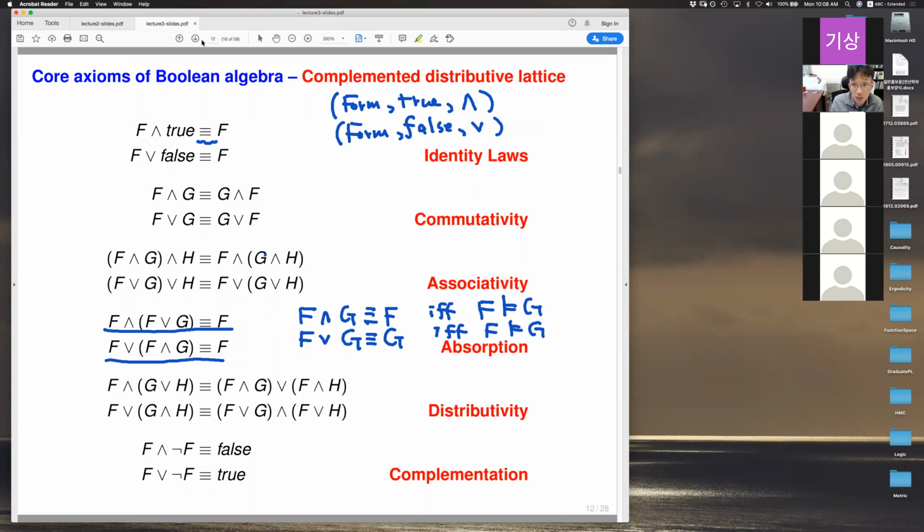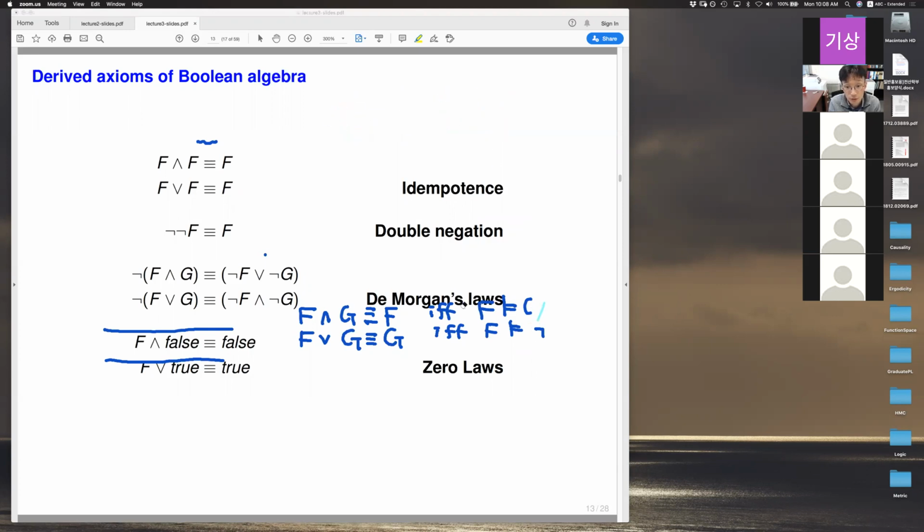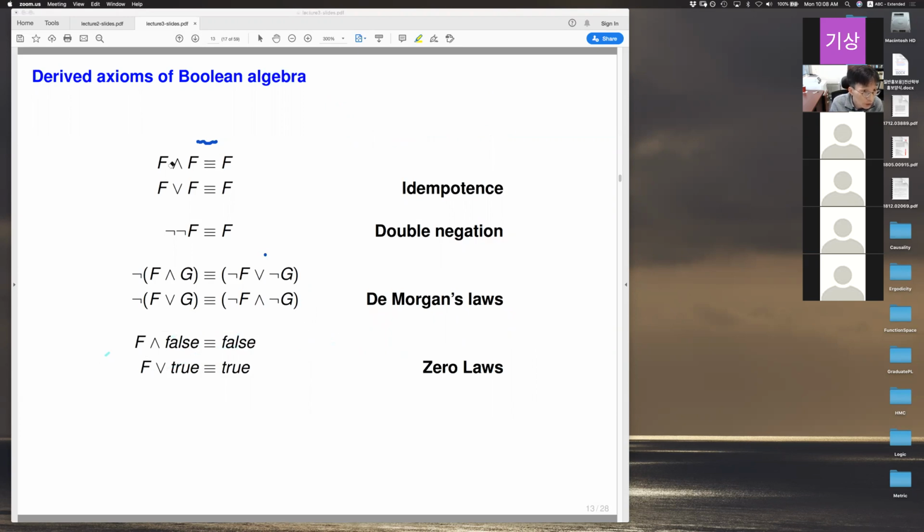So here's an exercise I want you to do. Using the rules in the previous slide, show these rules.